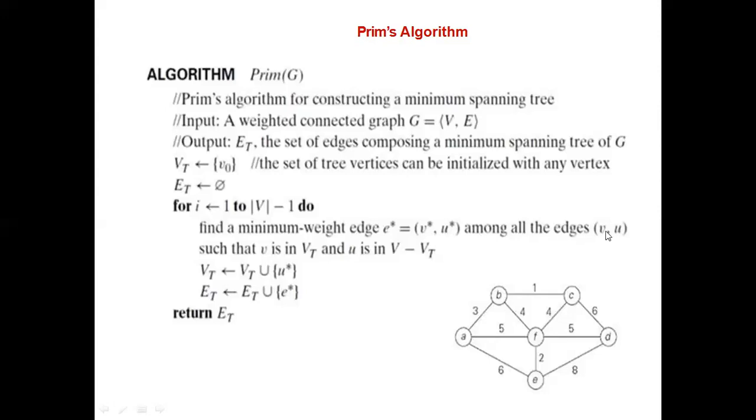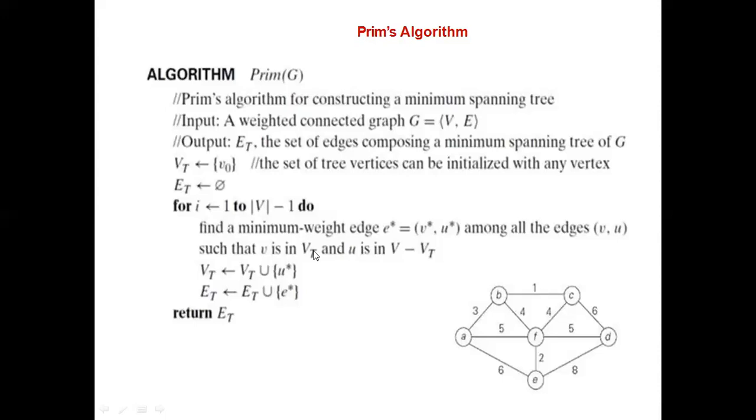Among all the edges, it may be A B, B C, B D, E F. So all the edges are represented by an ordered pair V U. In that you select a specific edge that we have denoted as V star, U star. What is the speciality of this?